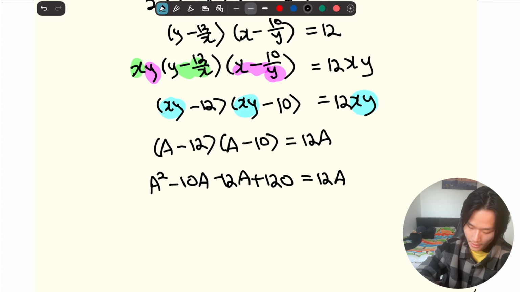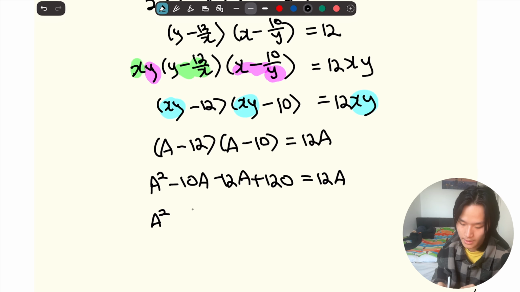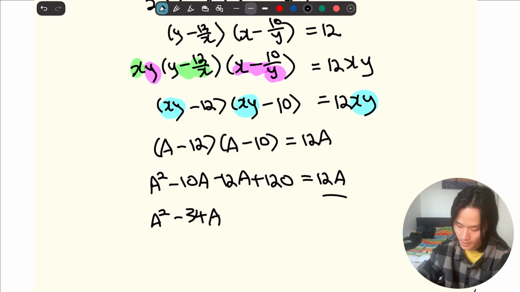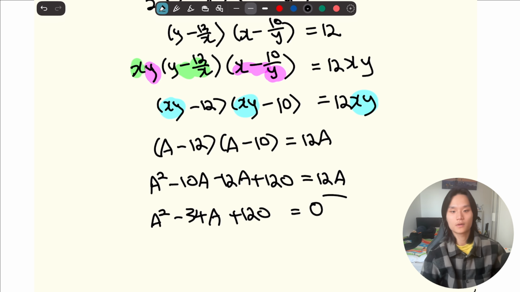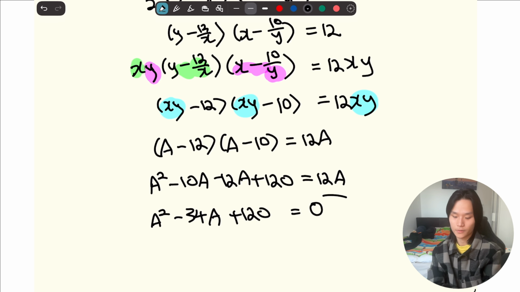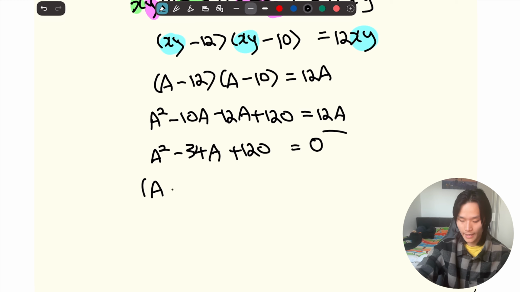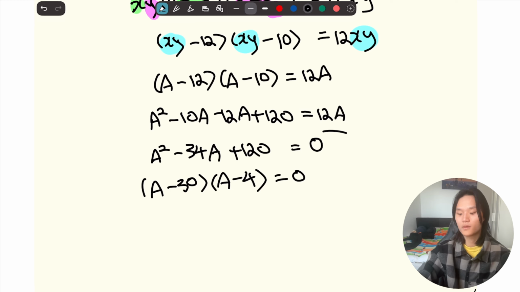So if we tidy everything up, we have A squared, minus 10 minus 12 minus 12, so that is minus 34A, I believe, yep, minus 34A plus 120 equals 0. So now we want to factorize this expression. If we do that, we will get A minus 30 and A minus 4.